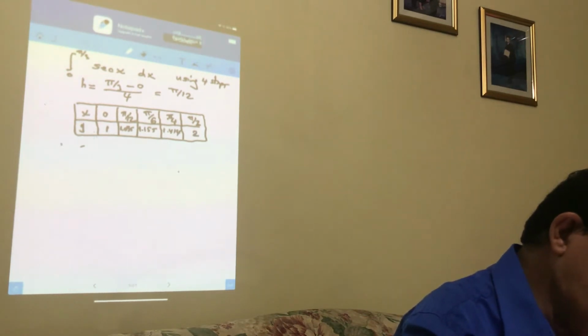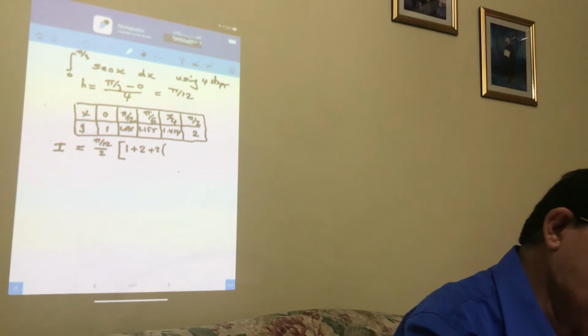We say the integration, we write I or the sign of integration. I equals h, which is pi over 12, divided by 2, open bracket. The first y is 1, plus the last y is 2, plus twice the other y's: 1.035, plus 1.155, plus 1.414.